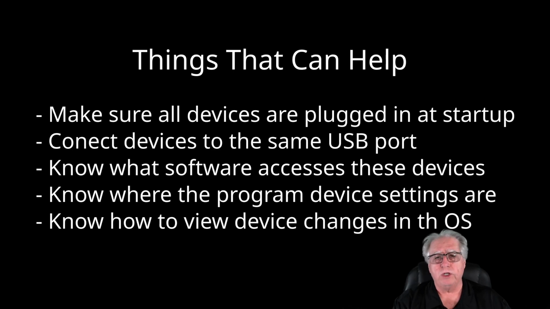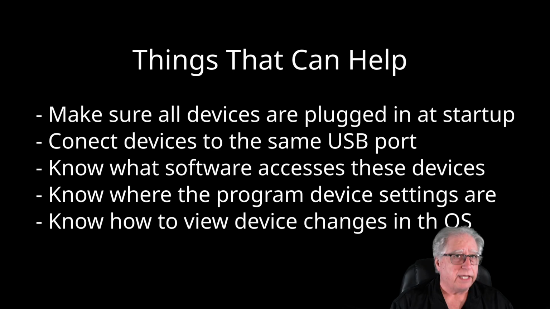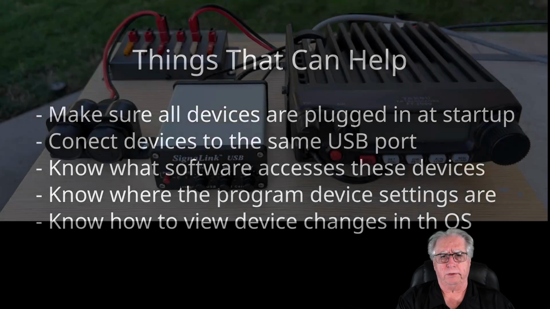You also need to know what program device settings are for that device and where they live in your software. And you also need to understand where to look to see device changes, such as name, ports, things like that, in your operating system. Okay. And we're going to try to take a look at that as well in this video.